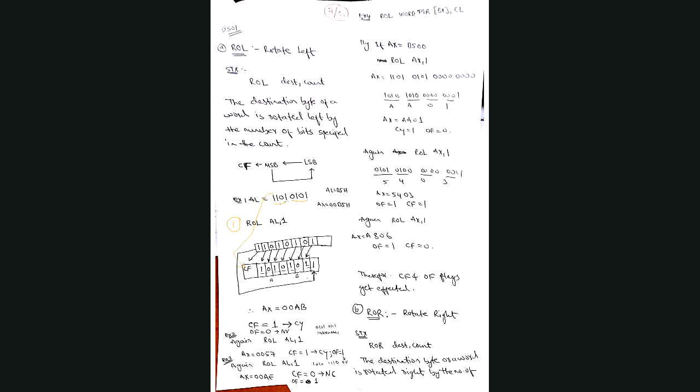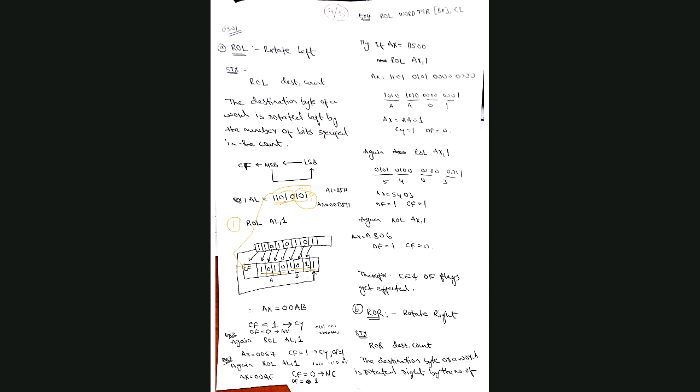So in carry flag 1 will come, and this 1 will also be copied here. So the net value you will get is how much? 1010. This is A. And 1011 will be B, and carry flag is 1.